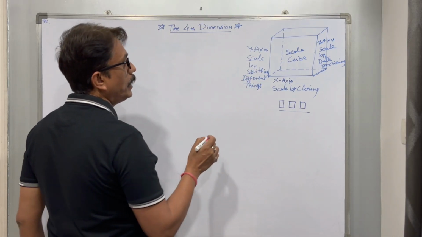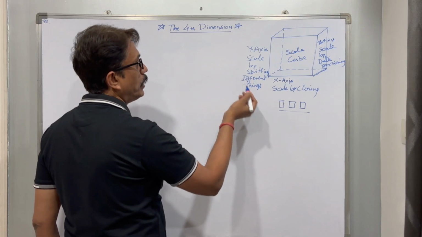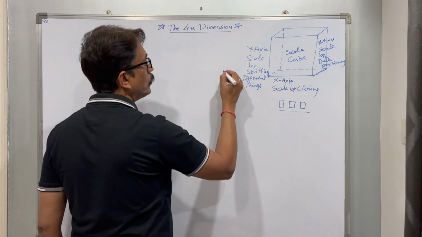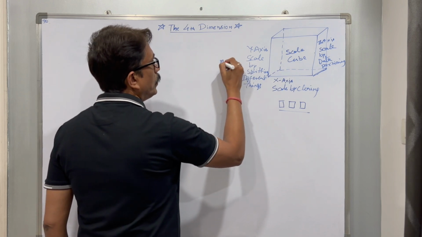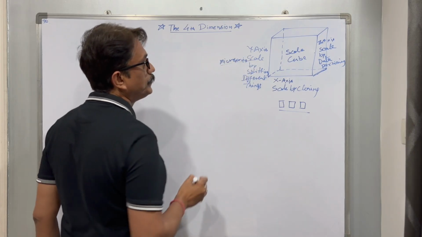And scale by splitting different things means scale by function or functionality or by subdomain, like we do in microservices.